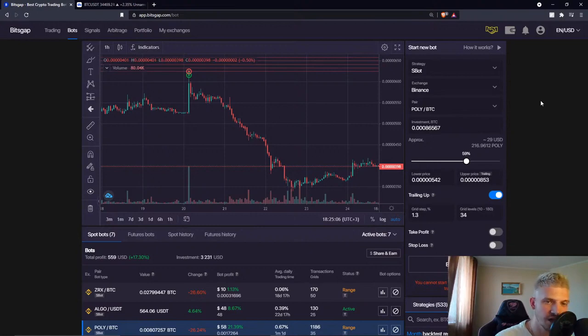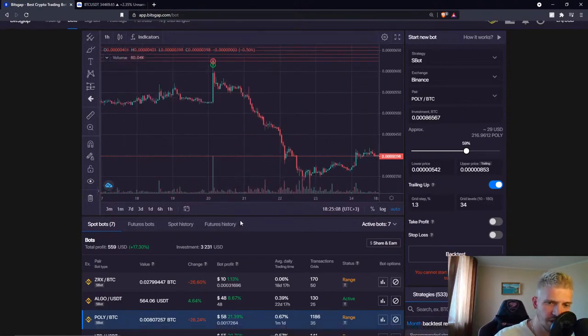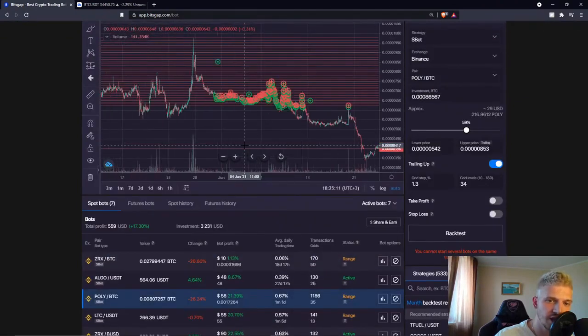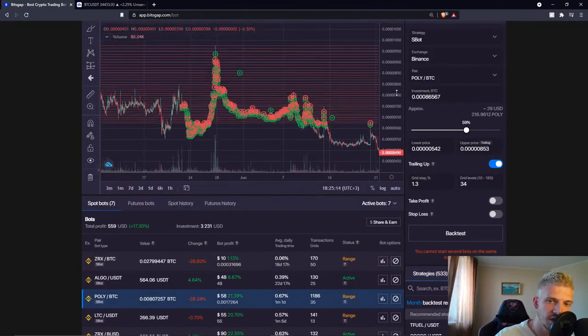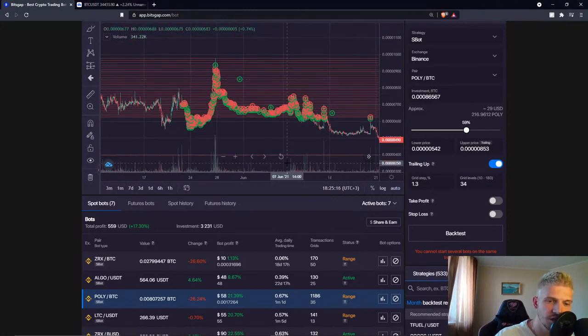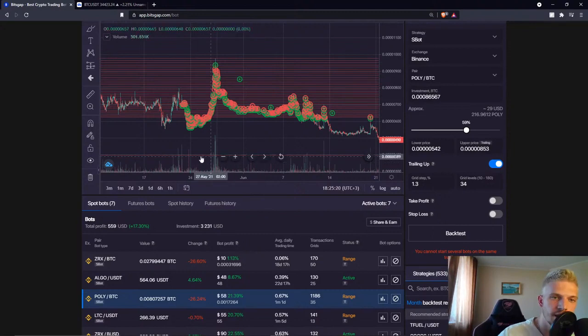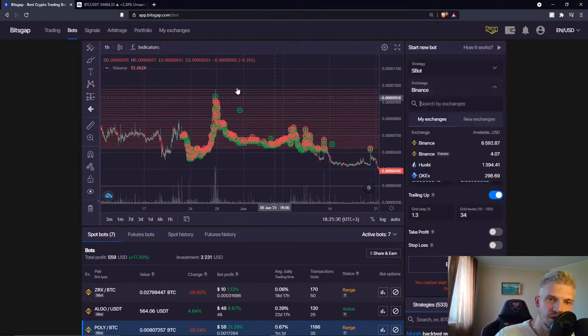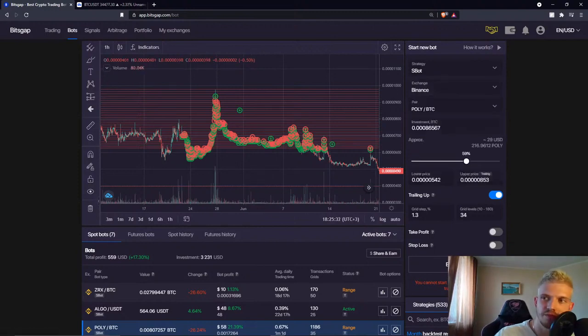So on our side everything works perfectly. It's just that sometimes the exchanges glitch depending on the workload. So that's why we do really thorough due diligence when it comes to adding new exchanges to Bitsgap.